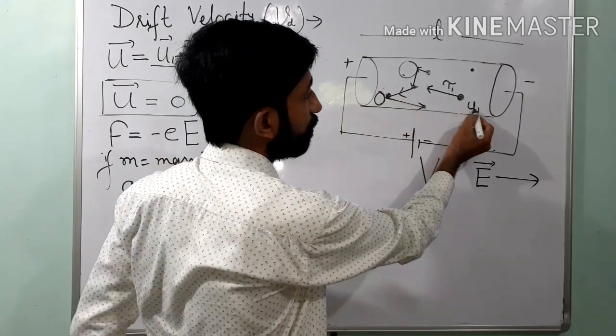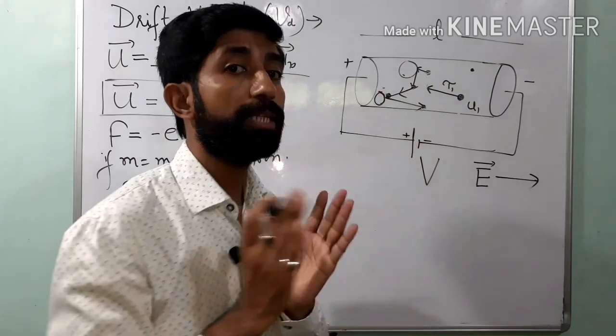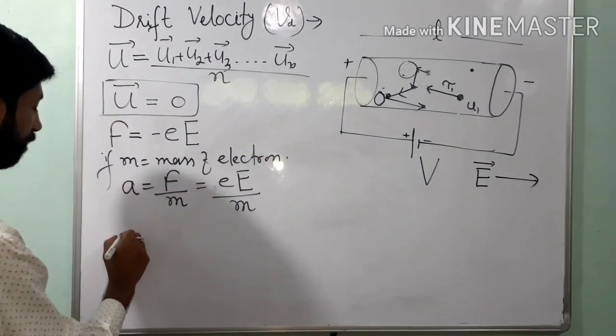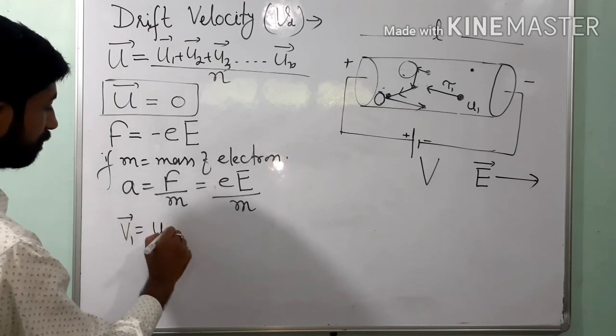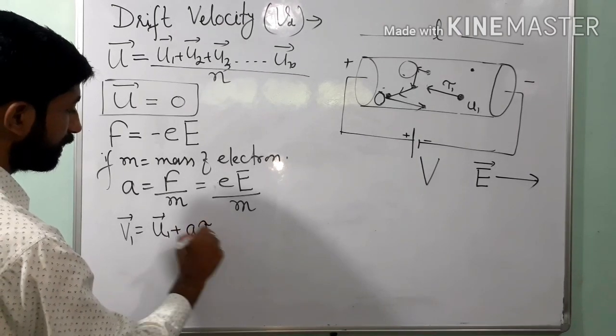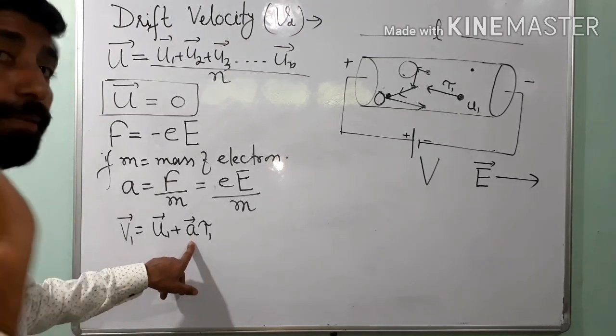So if the initial velocity was u1, after time t, what will be its velocity? Initial velocity plus acceleration times that time. Mind it, this is a common acceleration for every electron.